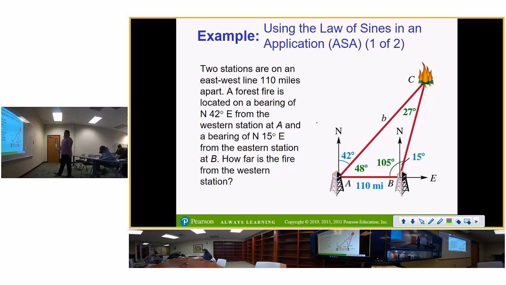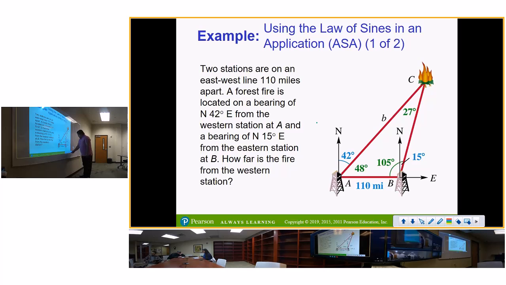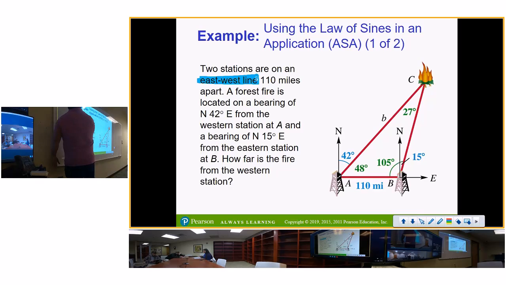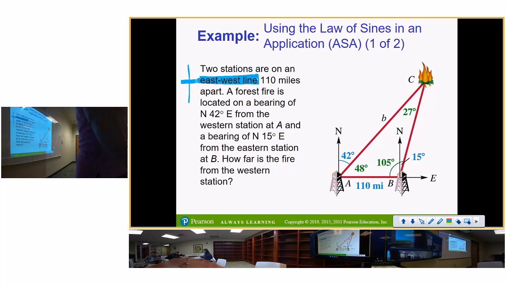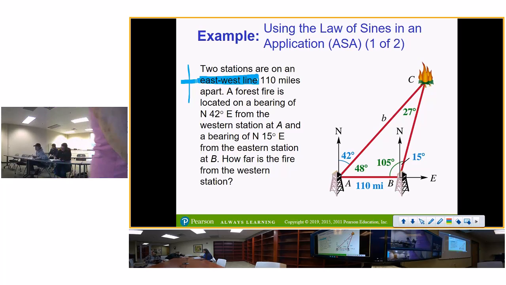That means that the east-west line, that's when you draw, and I'm going to highlight that because that is very important, especially for some of y'all that haven't done these before. When you see this, that means you need to draw a what? A grid system. You see an east-west line, that means you need to draw a grid system on the corners.